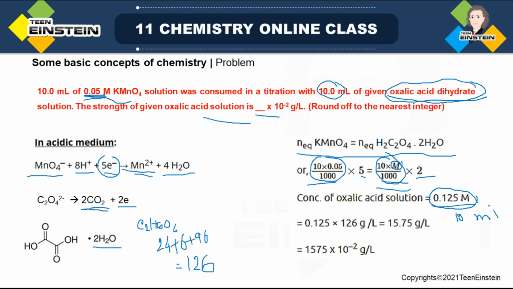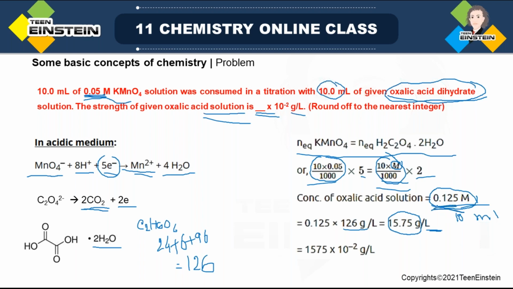So this is the number of moles present in 10 ml. From moles, if you convert it to gram by multiplying by molar mass, this is the mass of oxalic acid dihydrate present in 1 liter. But it is asking the strength of the given oxalic acid solution in this format, and the unit should be gram per liter, not moles per liter. Be very careful about the unit, because if you consider moles per liter, the answer will be different.